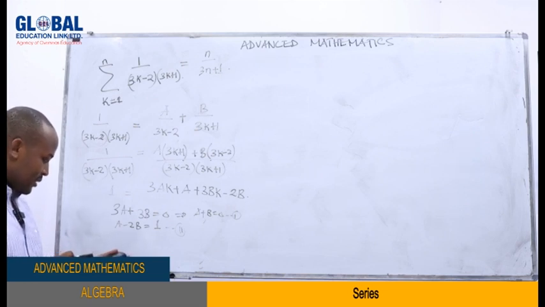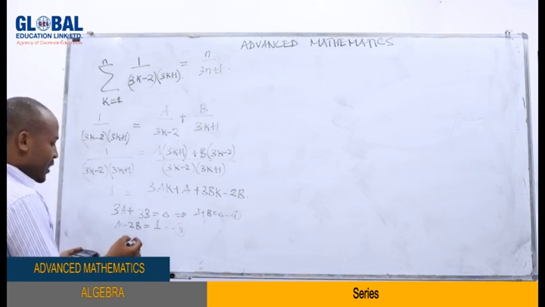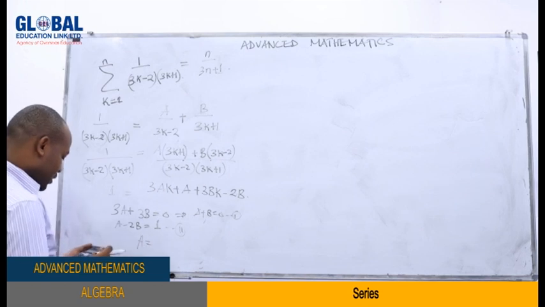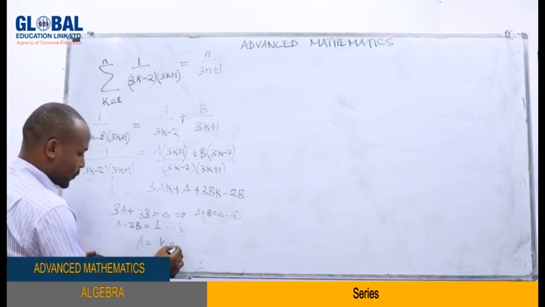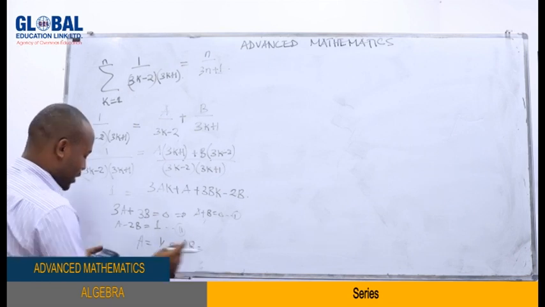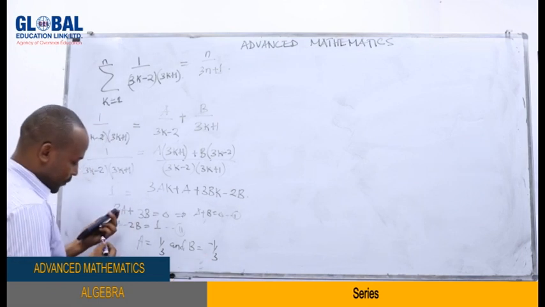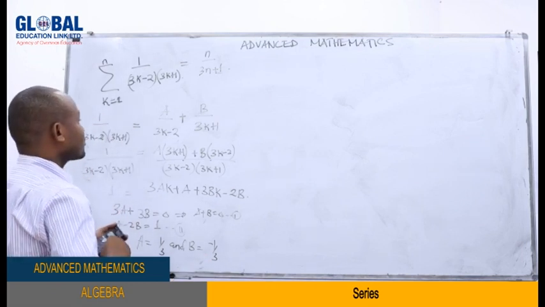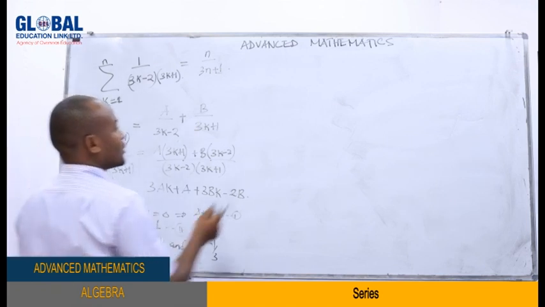And for the second equation, the coefficients are 1 and negative 2, and the constant is 1. Then A equals 1 over 3, and B equals negative 1 over 3. So let's write that in series.